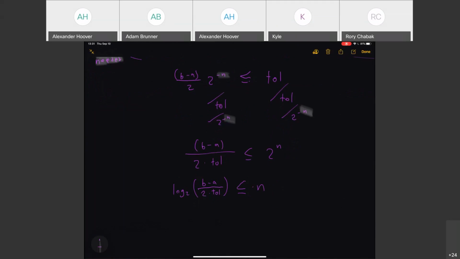We find that the log base 2 of (b minus a) over (2 times the tolerance) has to be less than n. Pretty much, we need n to be greater than this value over here.